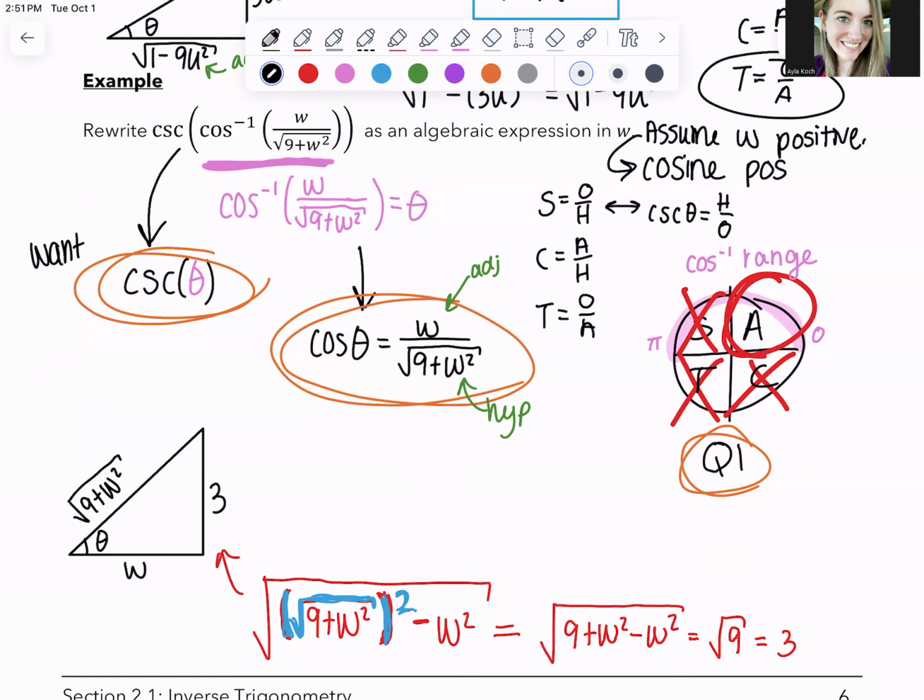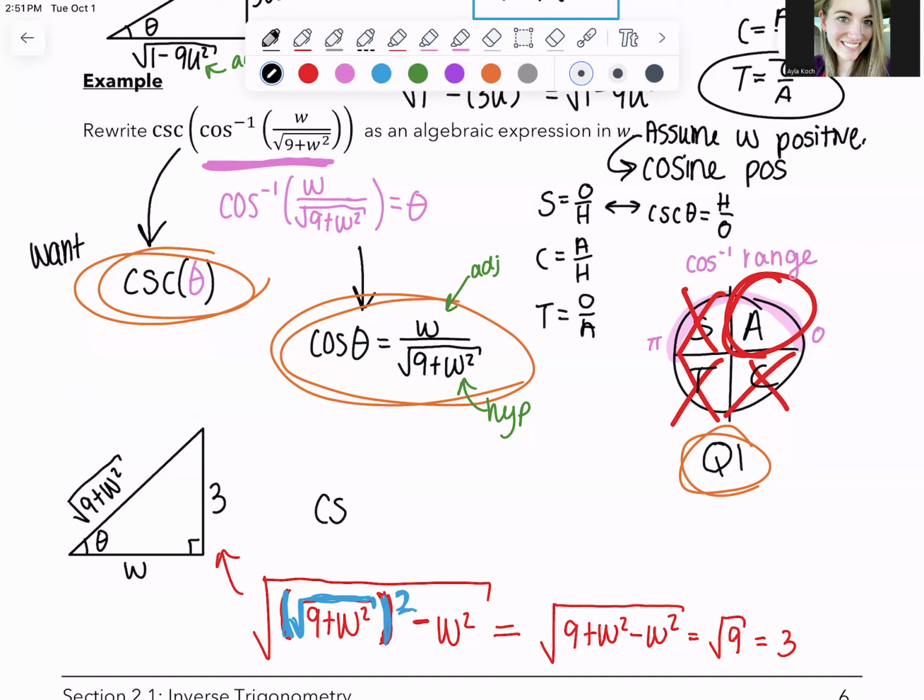And you can determine that by looking at this here. We know that this should be the square root of opposite squared plus adjacent squared. And we already had the w squared, so of course this had to be the opposite squared. So 3 makes sense there.